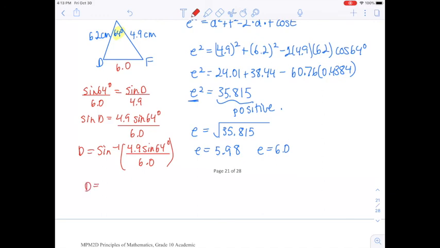All right, so I get that this is 47.2 degrees. Once I know d is 47.2 degrees, to find f, all I have to do is take 180, subtract 64, subtract 47.2, and I get 68.8. All right, so that's the cosine law.